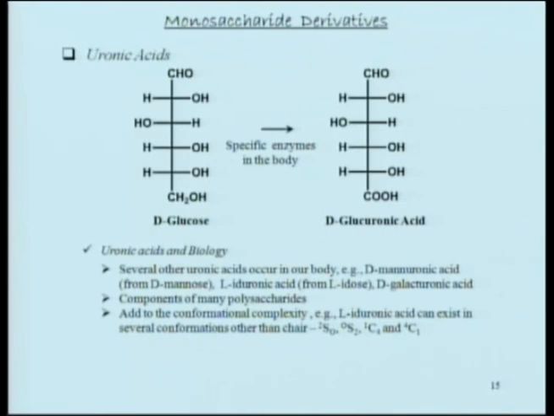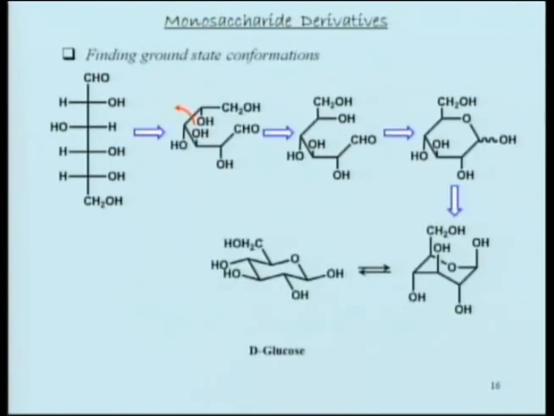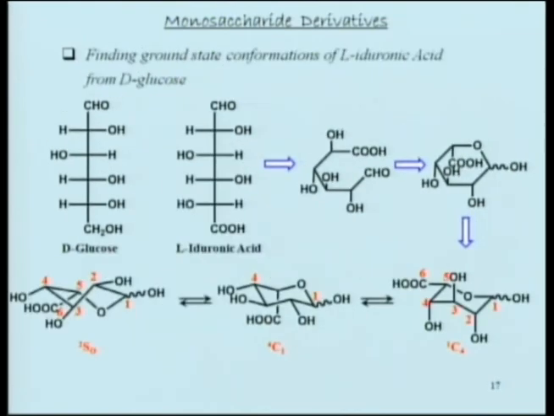Let's see whether I have a representation. I don't have a representation. Yeah, we could do something like this. So how are these conformations named? To name a conformation such as 1C4 or 2SO, we have a specific way, and this is really true only for carbohydrates, because of the complexity of the structures, that we have to represent them in a specific manner.